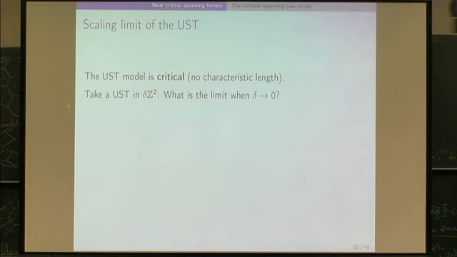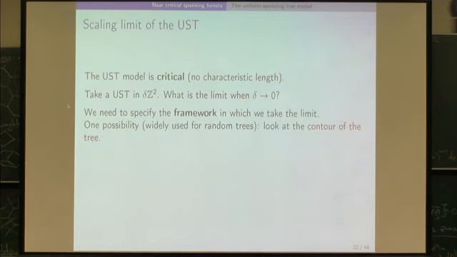And if you take a uniform spanning tree on delta Z2, what is the limit when delta goes to 0? Of course, you have to specify a good framework in which to take the limit, because if you just consider the uniform spanning tree as a subset of the plane, then it wouldn't be very interesting. It just converges to the whole plane.